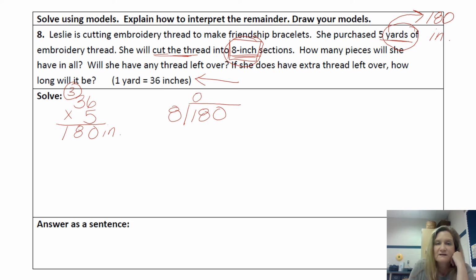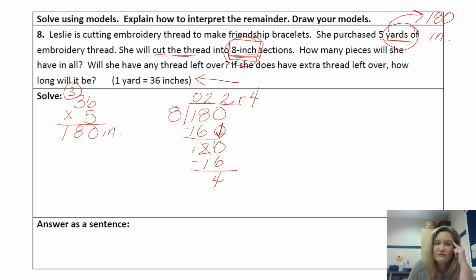All right, so I can do that. 2 times 8 is 16. Subtract. I get 2. Bring down the 0. And then I'll do 2 again. 16. Okay, borrow, and I get a 4. So now I'm going to put a remainder 4.